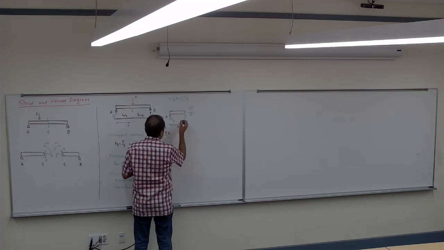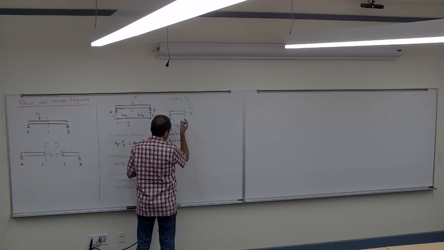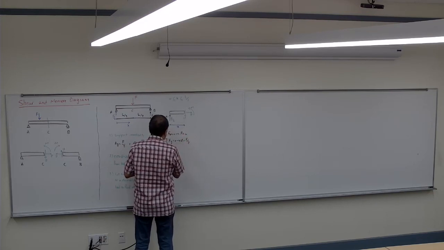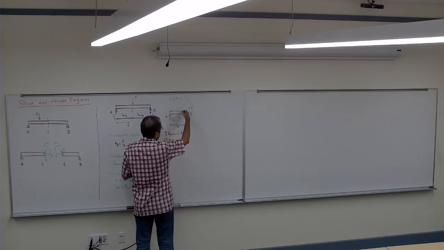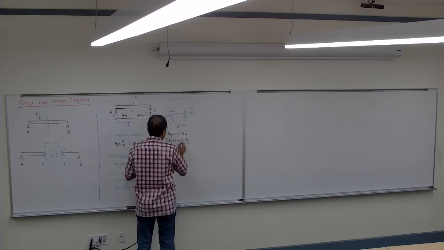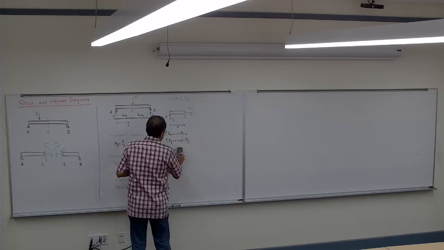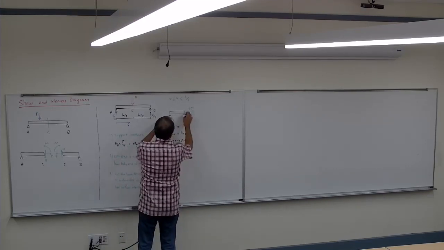Sigma Fx is 0, it gives me P is 0. Sigma Fy is 0, it gives me V is half of F. And sigma M is 0. Usually we write the sigma M about where we cut it, but we can write it about anywhere. So it gives you M is half of F times x.